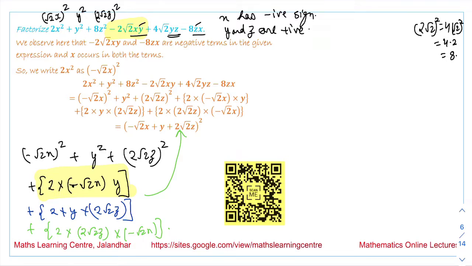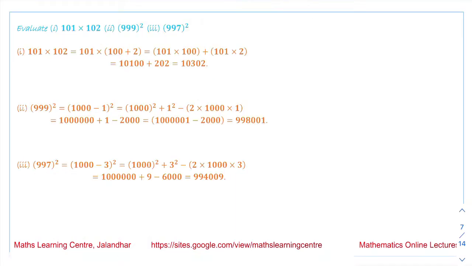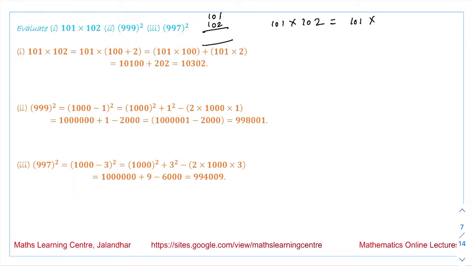Now in the next question, we have to evaluate the value of 101 into 102. One procedure is just to write 101, 102 and you manually multiply this. But in place of this, we are using the formulas over here. We can write it as 101 into 100 plus 2.